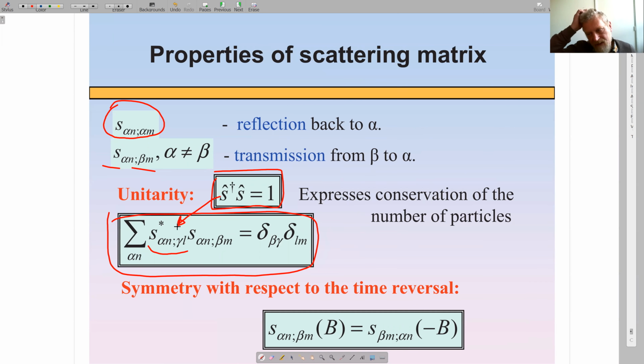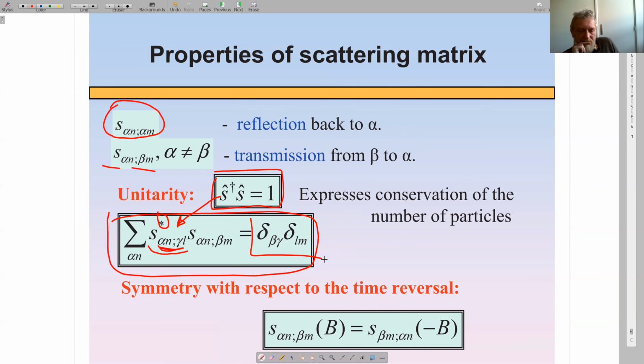Hermitian conjugation is complex conjugation and transposition of indices. And I just write the multiplication of matrices in the form of a sum. That's what I get.